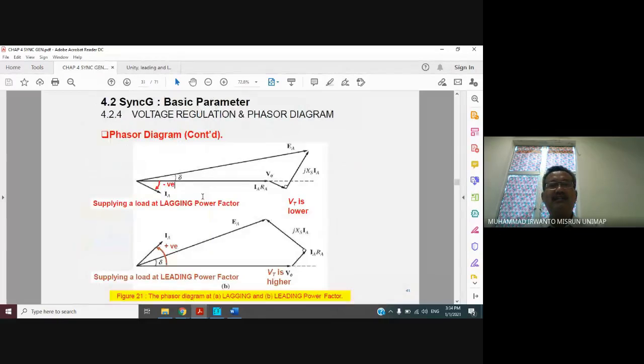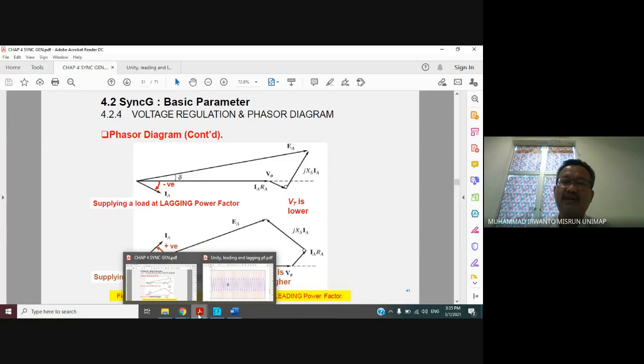Okay, and then the last is the leading power factor. Leading means, I repeat again, IA leads the phase voltage by how many degrees.